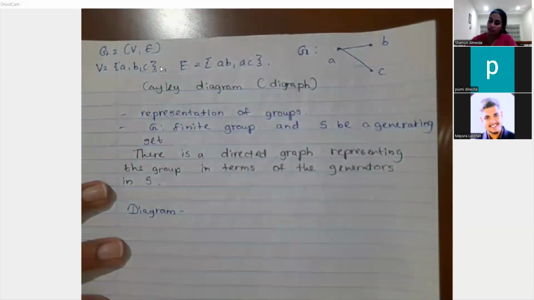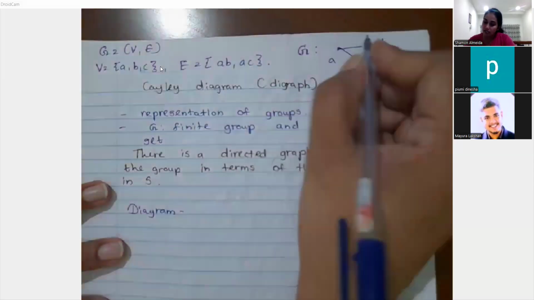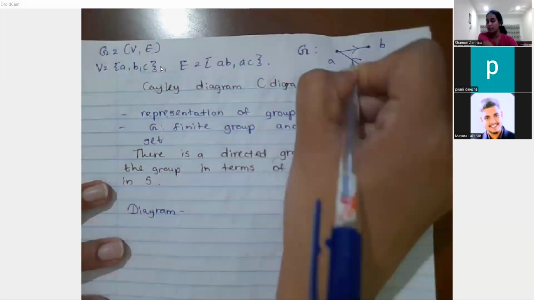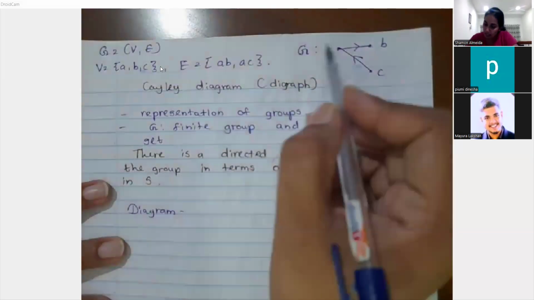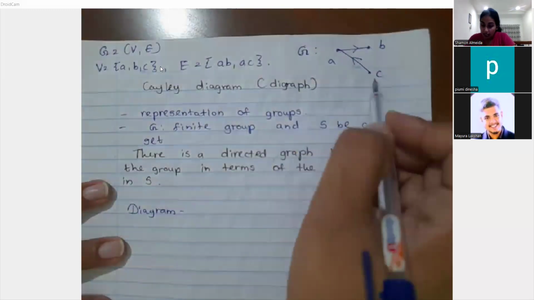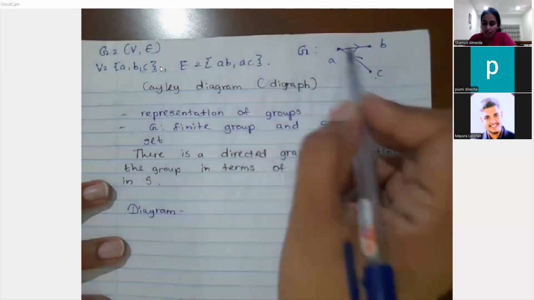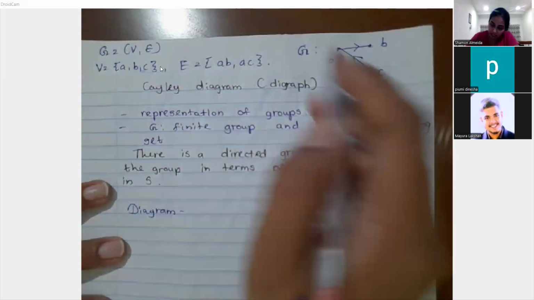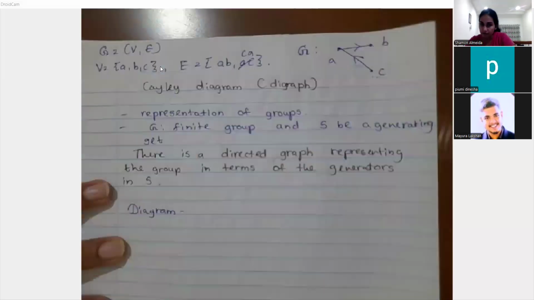A graph in which all edges are given a direction. So if I put arrowheads like this, in this case, the graph G has vertices A, B, C. It only has edges AB and CA. There is no edge AC, right? We only have CA, right?